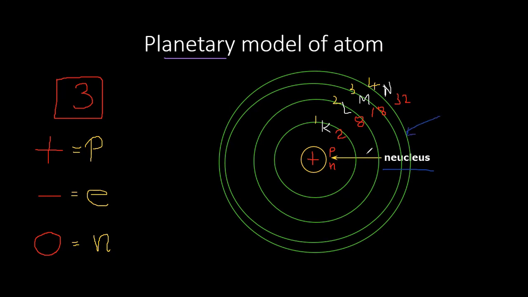In these energy levels, from the nucleus to outside, the energy is increasing, and the maximum number of electrons in one shell is: K is 2, L is 8, M is 18, N is 32. So this is what you have to write in the planetary model of the atom.